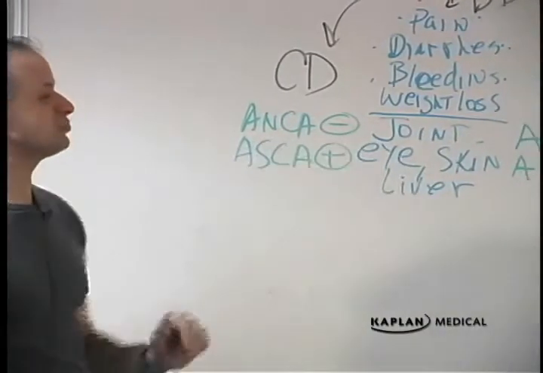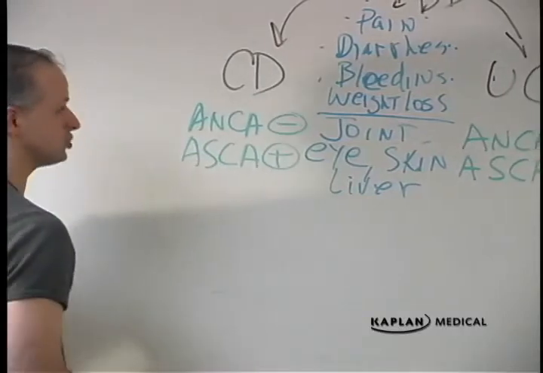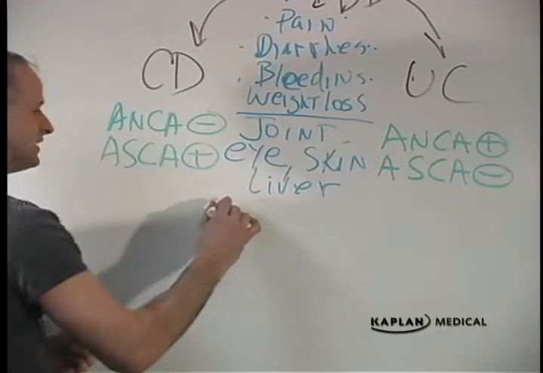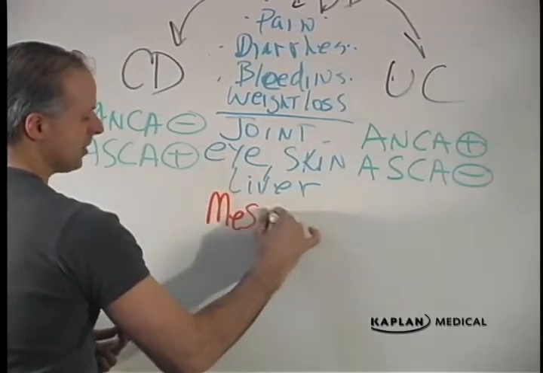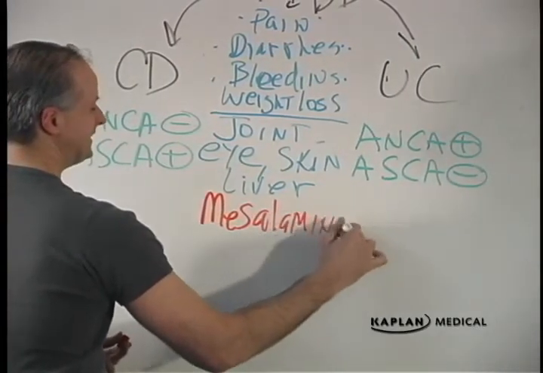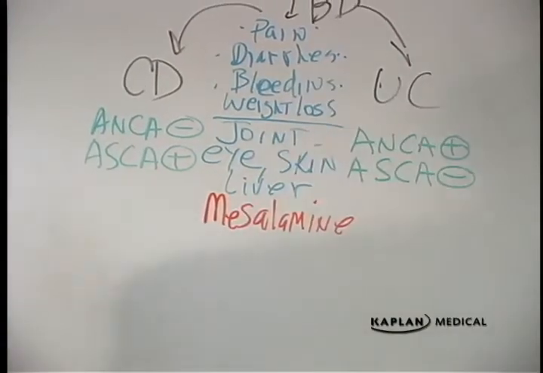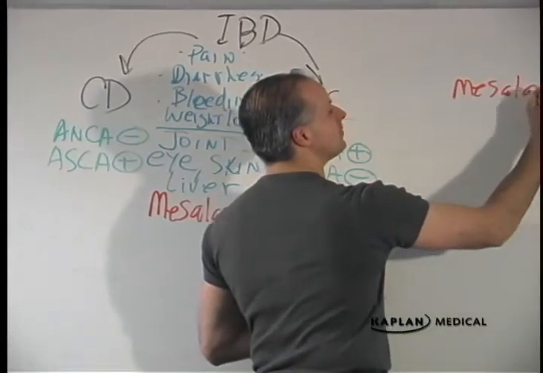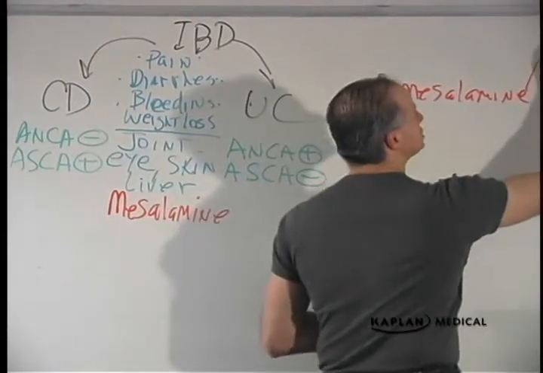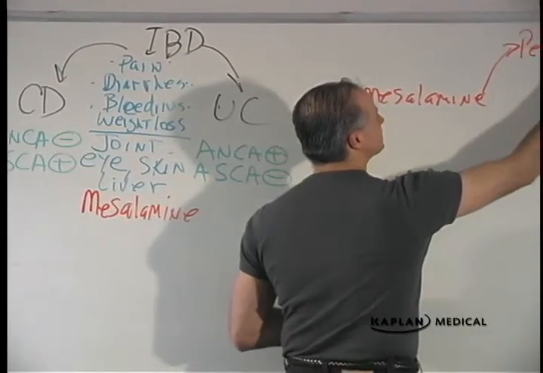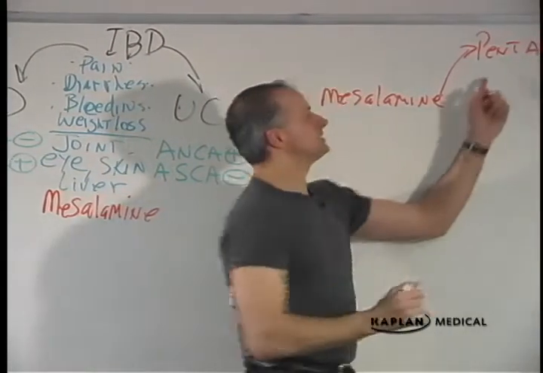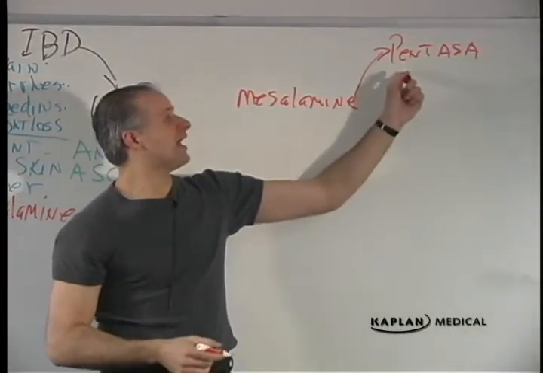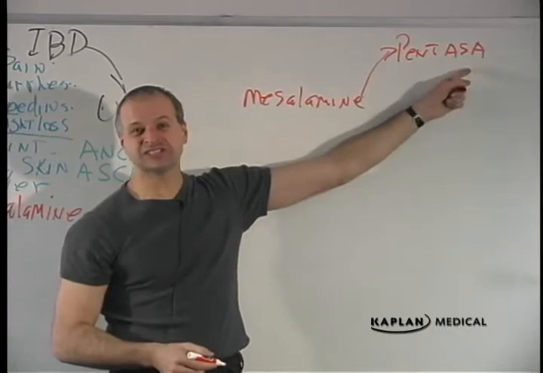How do we distinguish these two disorders without endoscopy? Now, they are both treated predominantly with mesalamine derivatives, which can be divided into several forms based on packaging. Pentasa is 5-ASA, a 5-acetyl salicylic acid derivative.